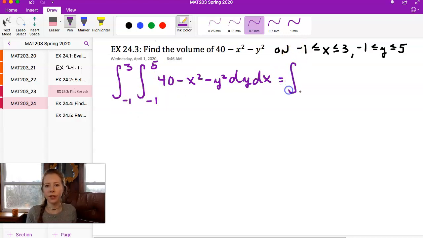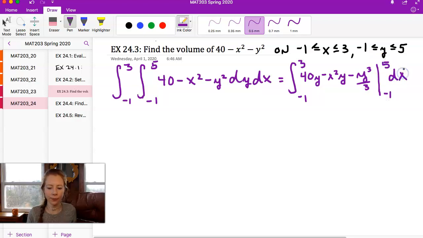So this is going to be equal to the integral from -1 to 3. And we want to integrate our function in terms of y. And so this is just going to be 40 times y minus x squared y minus y cubed over 3, evaluated from -1 to 5, and we still have our dx left over.